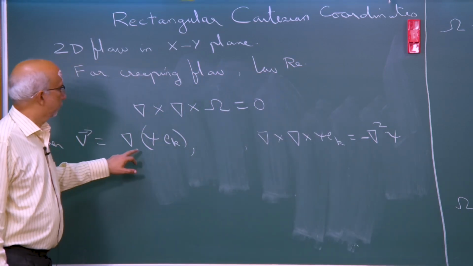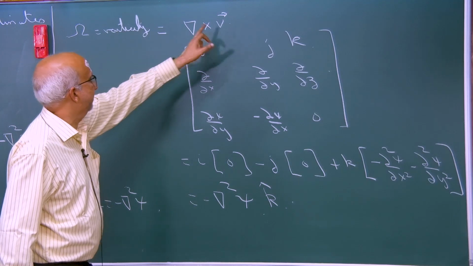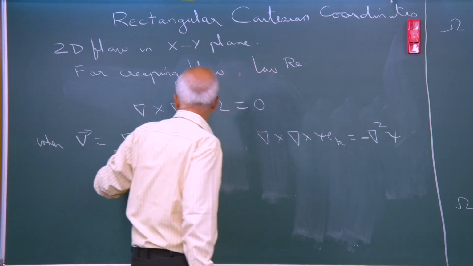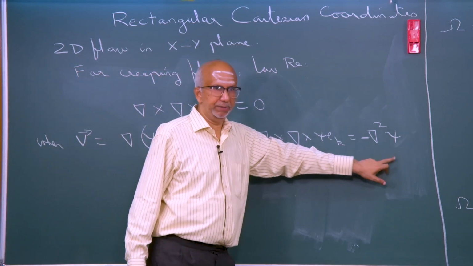So, I am saying that the velocity is written in terms of the stream function, and this is in terms of psi ek, I get minus del square psi.